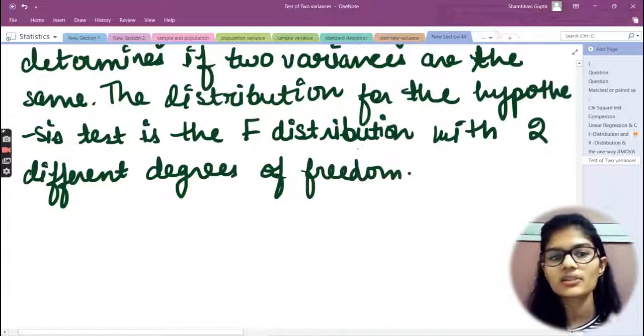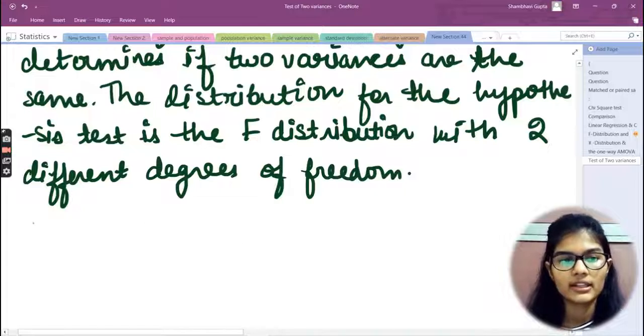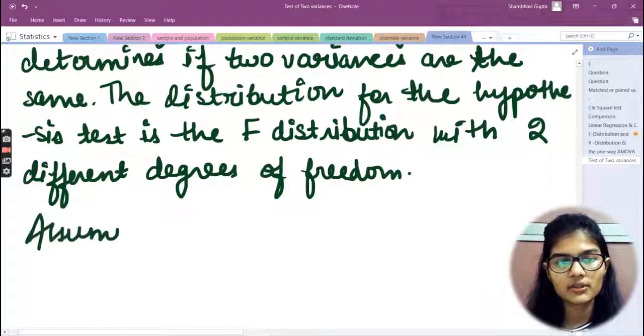So the distribution for the hypothesis test is the F distribution with two different degrees of freedom. Now what are the assumptions that we make here?